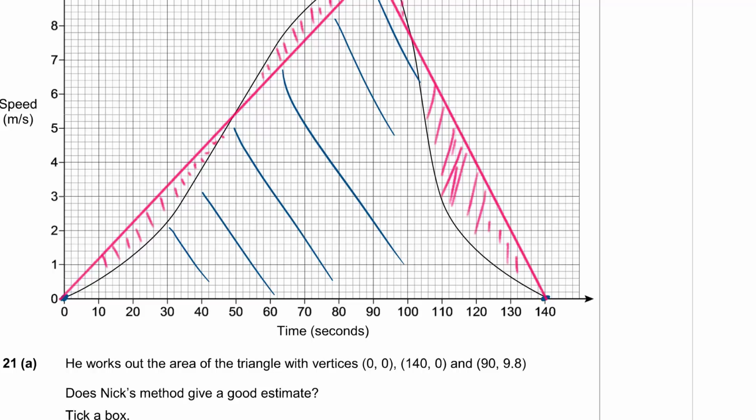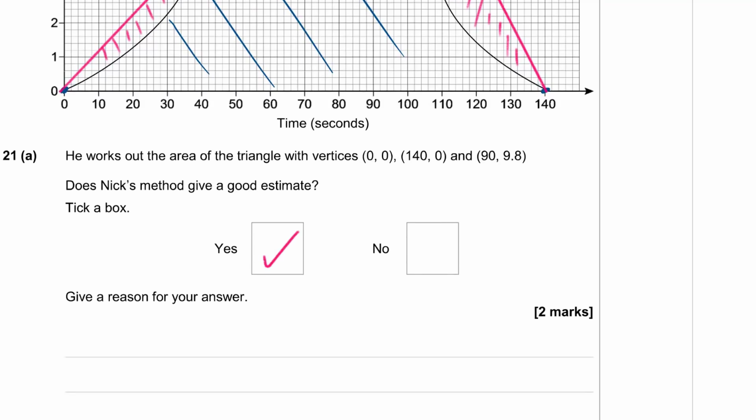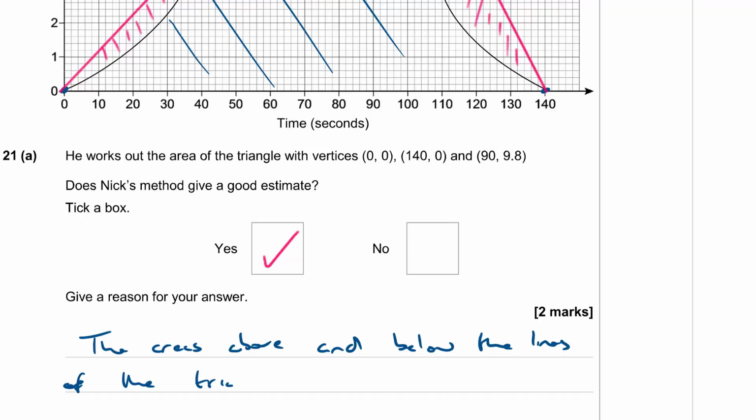However, I'm going to say that overall, yes, I think it is a good estimate, and the reason for that is the areas above and below the lines of the triangle are roughly the same size.